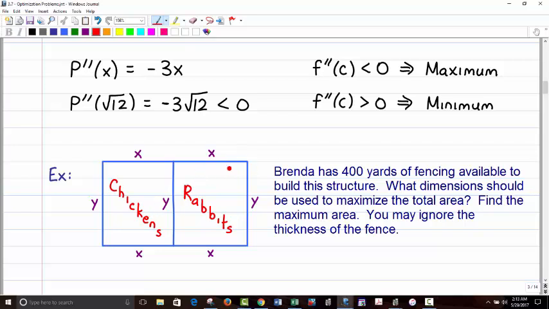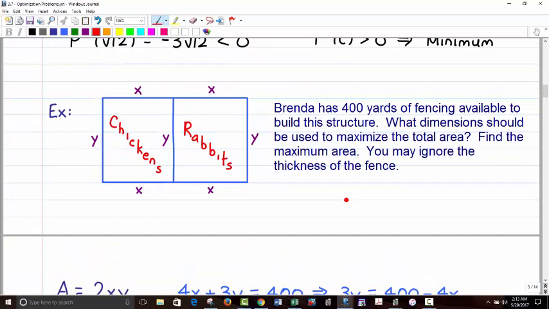What we're trying to do here is fence this area off, and we have 400 yards of fencing, and so we have the 2 long sides, which I wrote as 2 short sides, these 3 sides. So we have that much fence to put out, but we want to know what dimensions would maximize the total area. Now, you don't have to worry about any such factors as the thickness of the fence or anything like that.